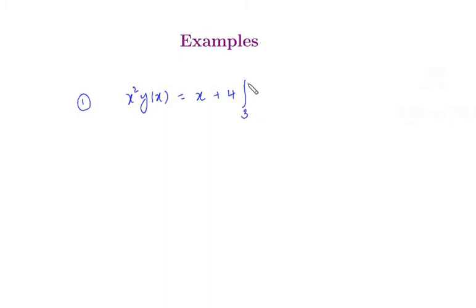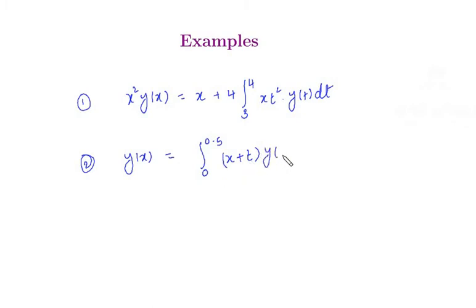So say 3 to 4, we may have some kernel, say x t square y of t dt. Another: y of x is equal to integral 0 to, say, 0.5 of (x plus t) y(t) dt.